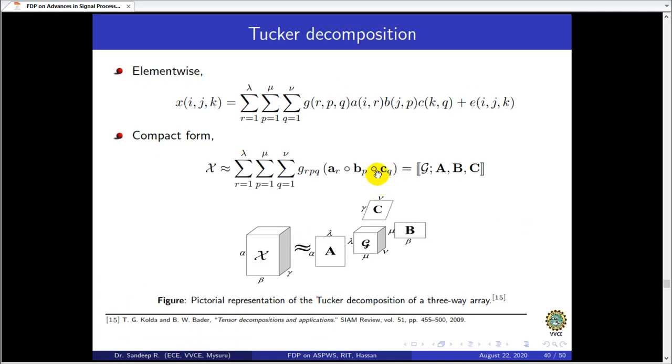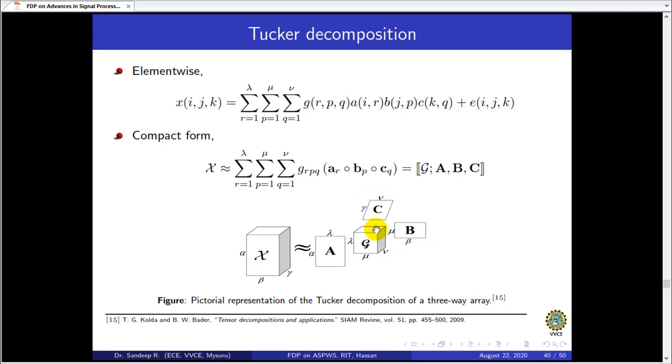Let us see how we represent the element wise and compact form representations for Tucker decomposition. Again, in the compact form, suppose this is a video treated as a tensor of dimension alpha, beta, gamma, then that is being represented as a Tucker decomposition with matrix A, matrix B and matrix C. The dimensions are alpha rows and lambda columns, then beta rows and mu columns, and then gamma rows and nu columns.